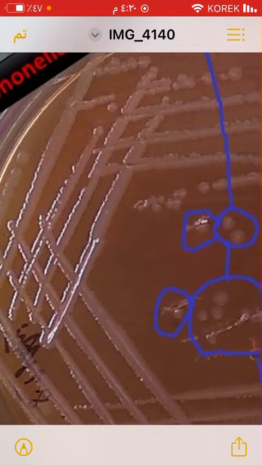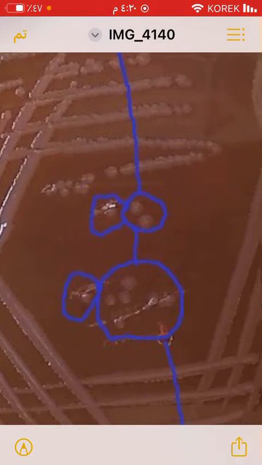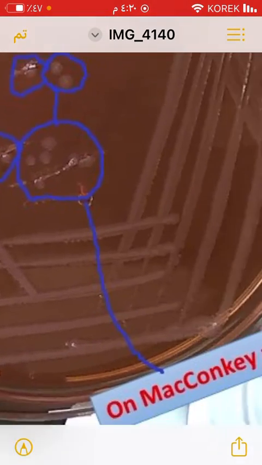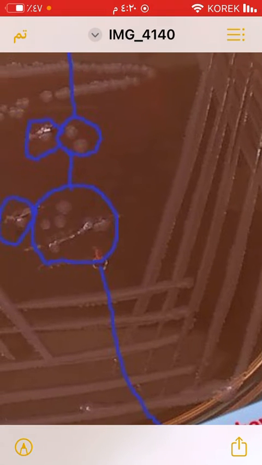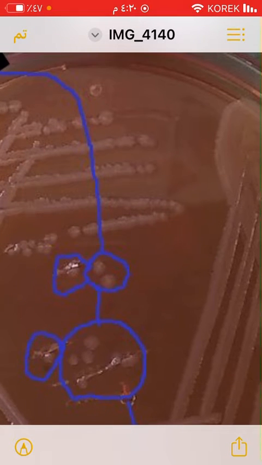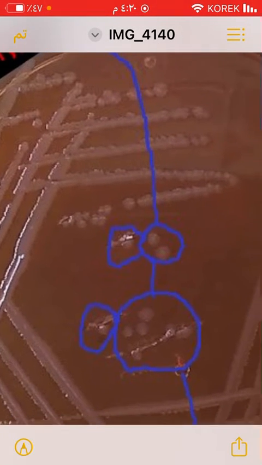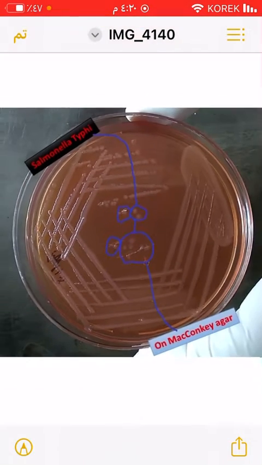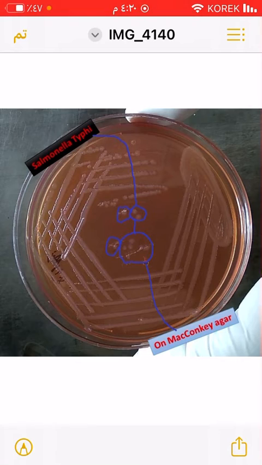I can't say in every lab, but in most vet labs, we do those tests. It depends on your country, which type of bacteria and which type of infections are common. What do we mean by non-lactose fermenter? It doesn't ferment lactose, and it will not change the color of the media. It will take the color of the media, and that's how it looks on MacConkey agar.